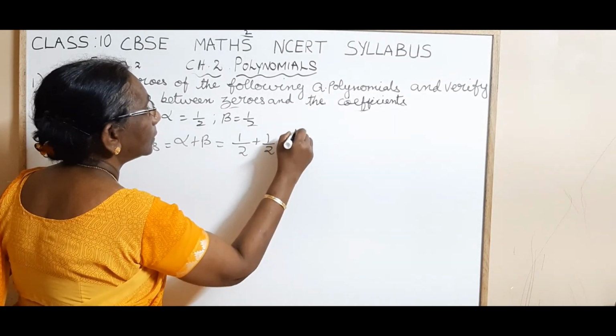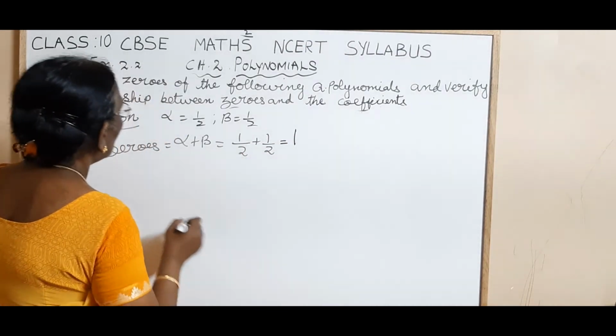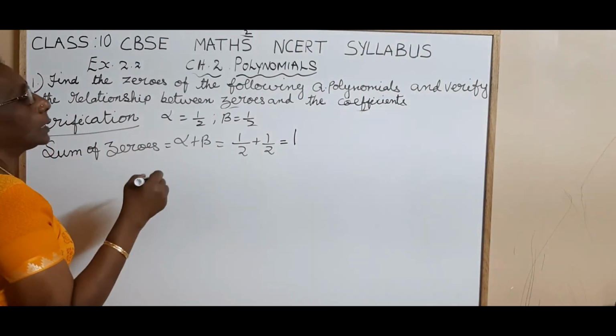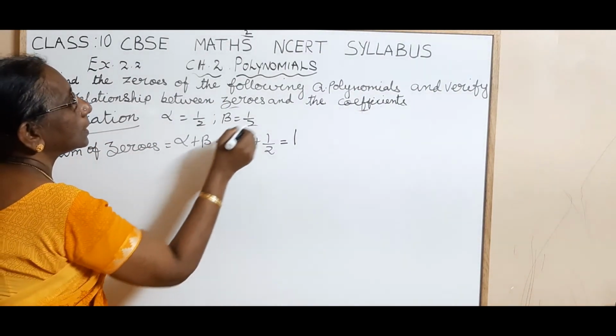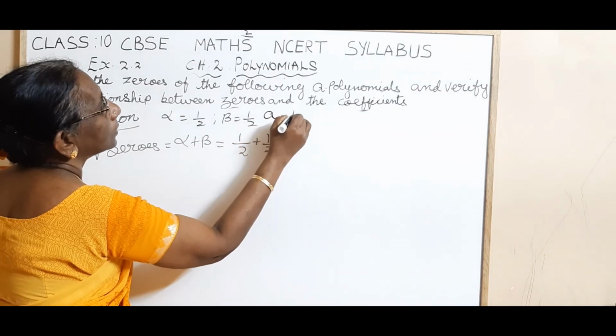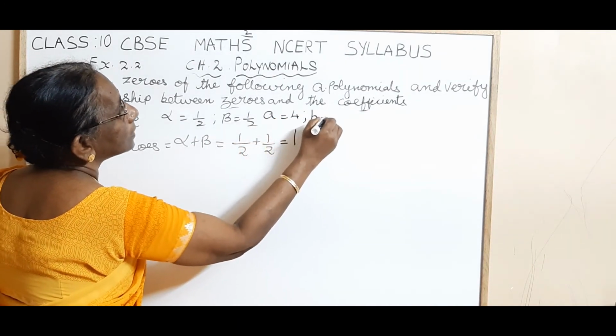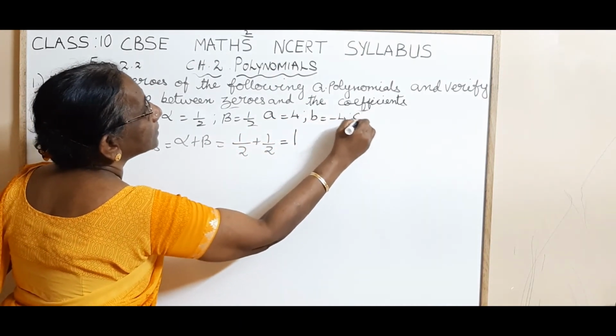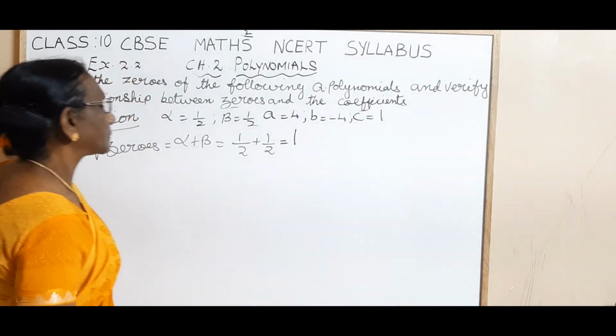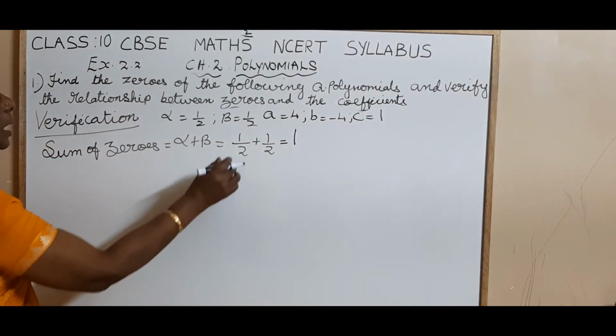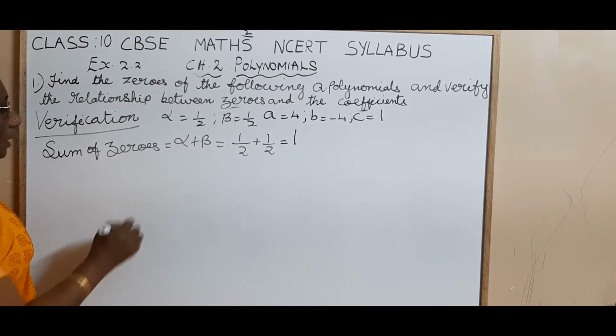Half plus half is 1. And what are the coefficients? A is equal to 4, B is equal to minus 4 and C is equal to 1.